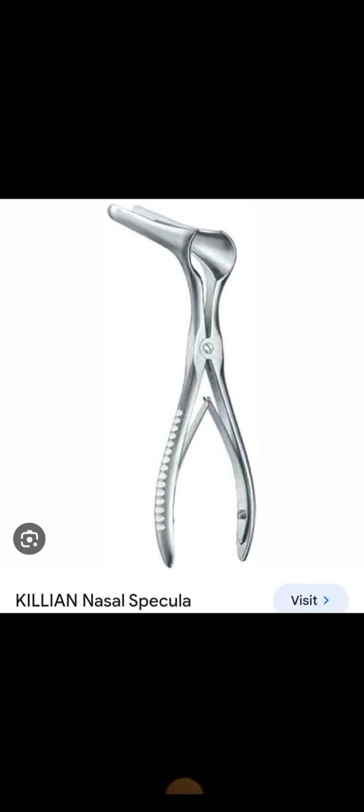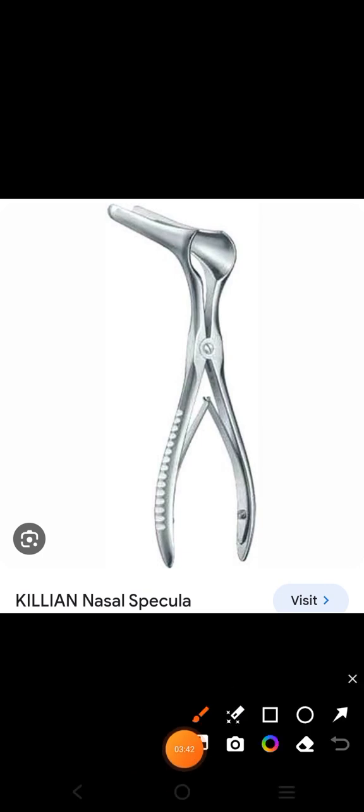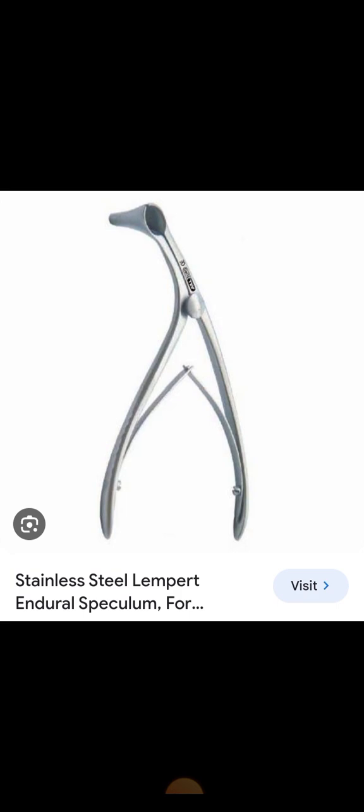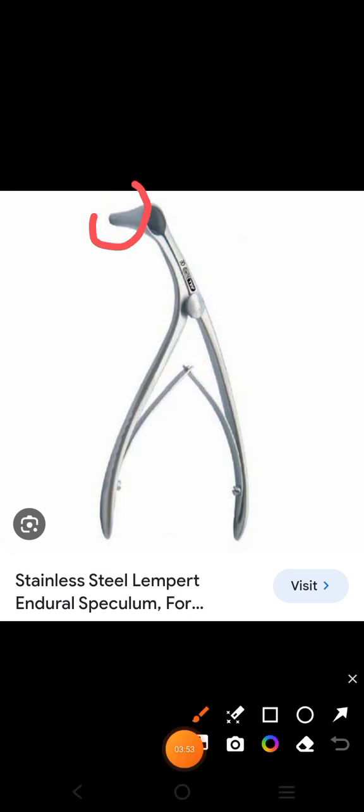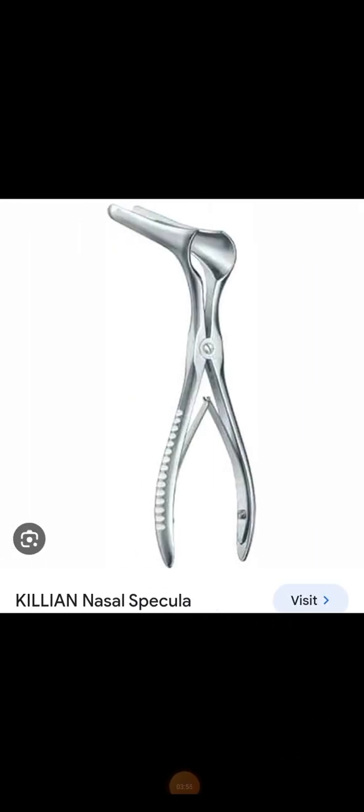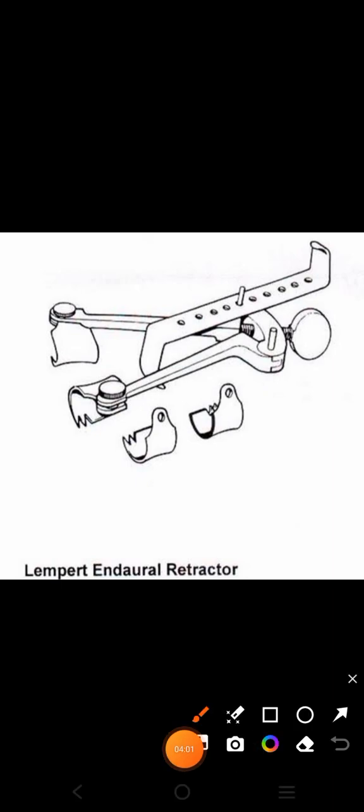But you must differentiate Lempert's endaural speculum from Killian's nasal speculum, which has long blades. You can see here that it has long blades, but Lempert's endaural speculum doesn't have such long blades. And then comes the Lempert's endaural retractor. Here you can see that it has three blades.